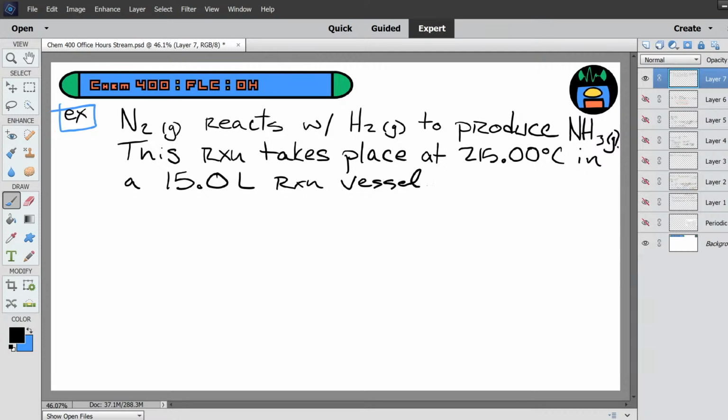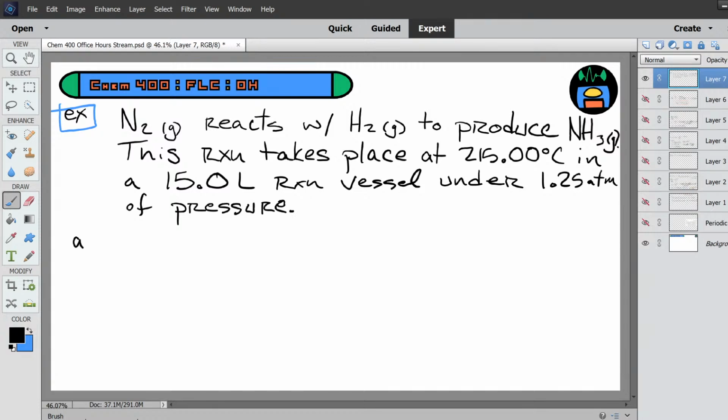Sorry, one more piece of information. Under 1.25 atmospheres of pressure. Part A. Write a balanced chemical equation for this reaction.